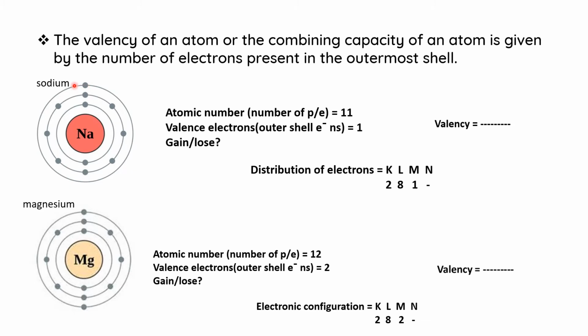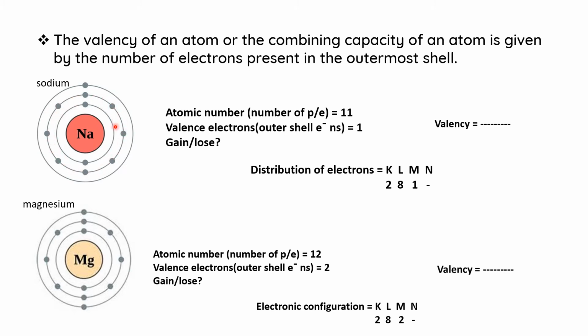See, here only 1 electron, just listen carefully. The last shell, that is the valence shell, has only 1 valence electron. If the sodium atom leaves this valence electron or gives it to any other atom, it gets stability. If this electron goes away, now the atom is like this: first the K shell, then the second with 8 electrons.